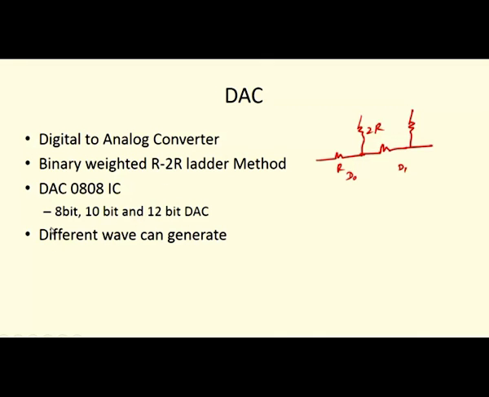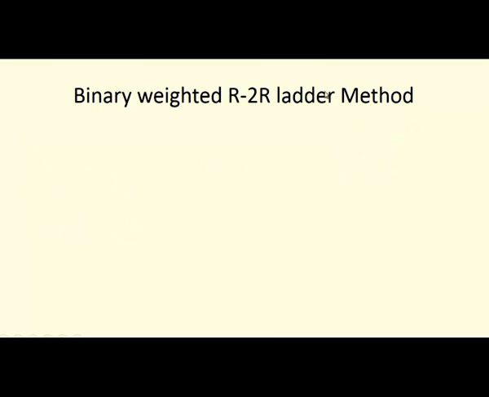Then this digital to analog converter is mostly used to generate different waveforms like square wave, triangle wave and sine wave. The binary weighted R-2R ladder method means that structure is used.